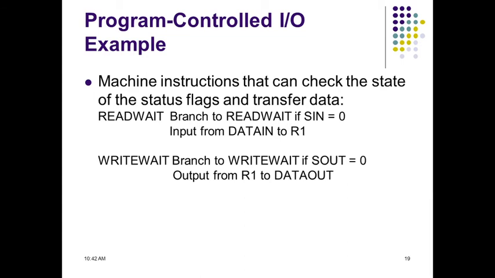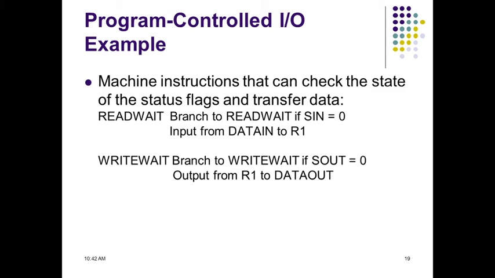In order to perform input output transfer, we need machine instructions that can check the state of status flags and transfer the data between the processor and the IO device. These instructions are similar in format to those used for moving data between a processor and the memory.